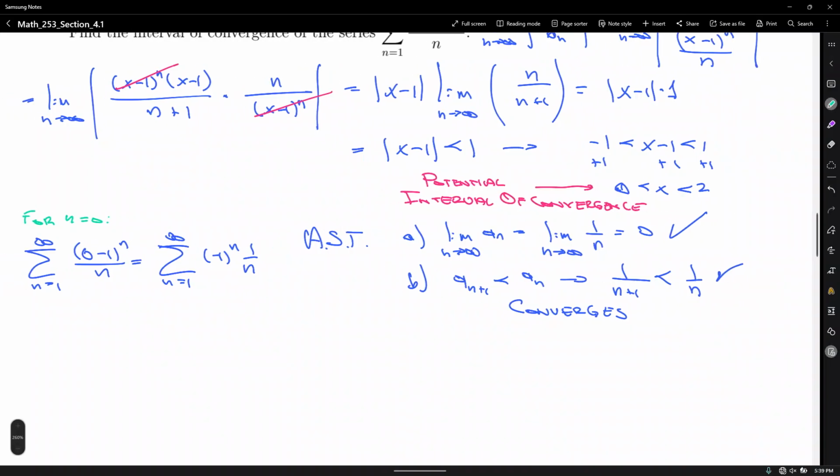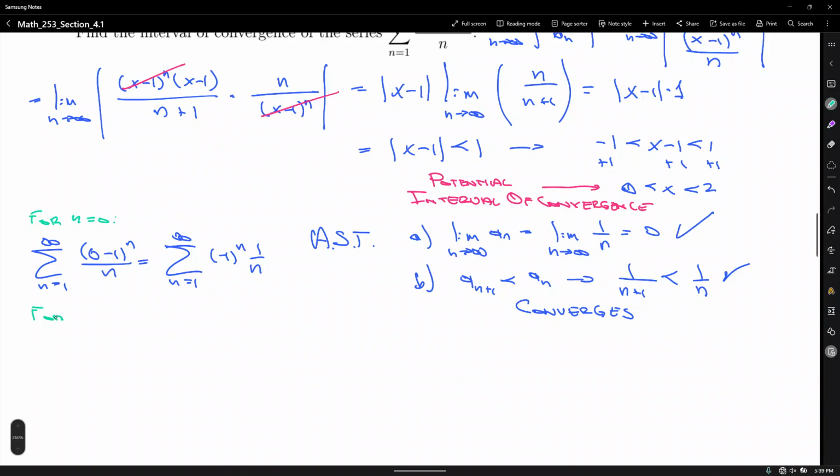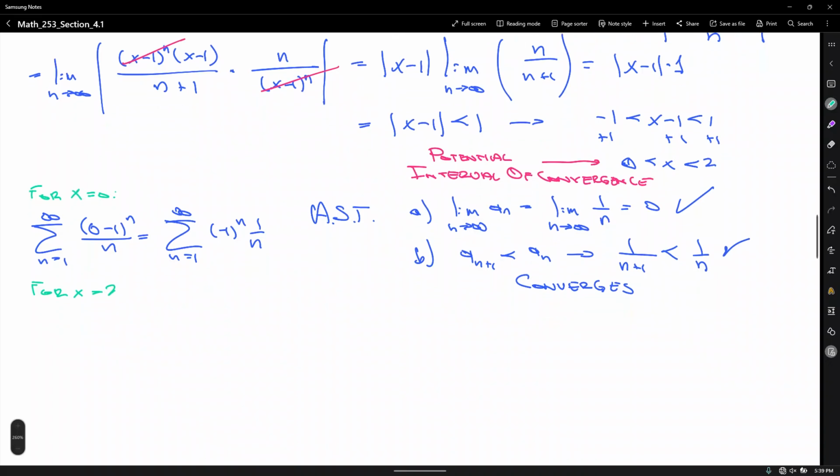Okay, number 2. Actually it's not for m, it's for x equals 2. Let me change this for x equals 2.